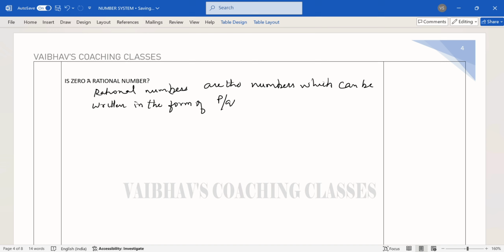Let us try. You might have studied in your lower classes that if 0 is divided by any number, let us assume any number to be 100, it's again 0. But any number divided by 0 is not defined. So yes, 0 divided by any number gives you the answer 0.